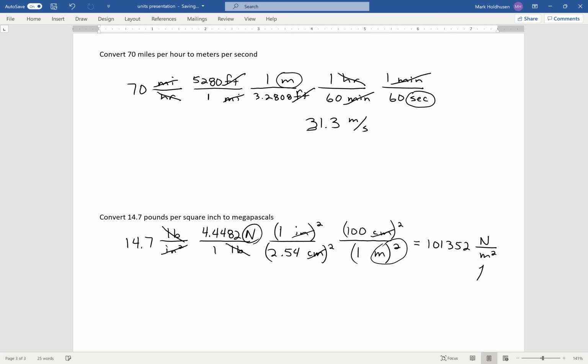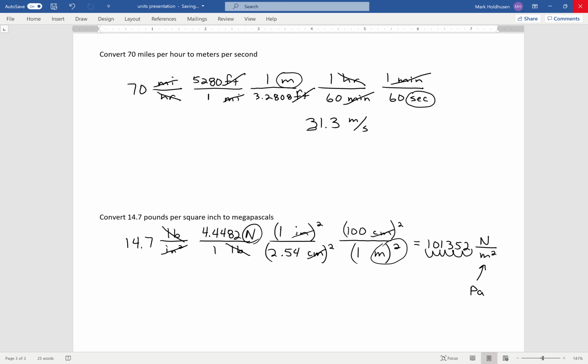Okay, this is what we call a Pascal. It's a measure of pressure. It's a newton per square meter. I want it in megapascals. Well, megapascals is millions of pascals. So essentially, I need to take the decimal point and move it 1, 2, 3, 4, 5, 6, because it's millions of pascals.